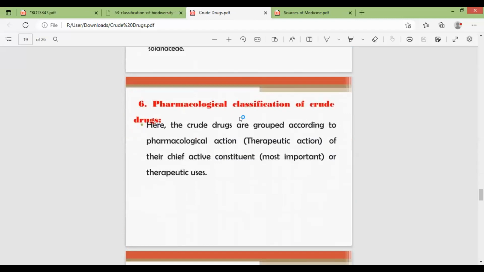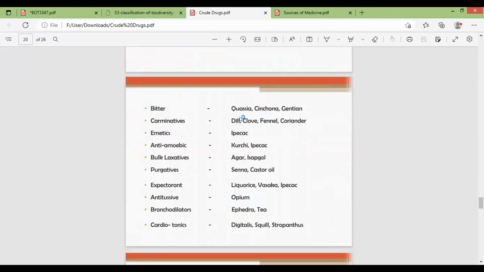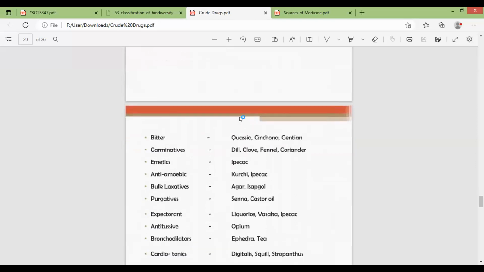The other common type of classification of crude drugs is based on their pharmacological action. For example, we know morphine. Morphine is an analgesic. So it's a crude drug, but we can classify it as an analgesic crude drug. Another type is digoxin. We'd say it's a cardiac drug.